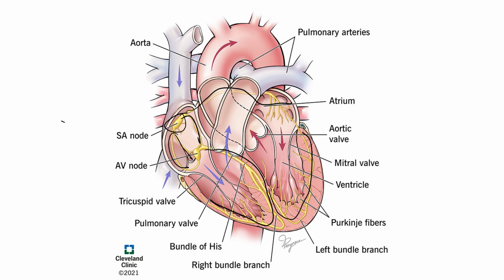Not everybody's going to agree with this, but this is how I interpret it. There are true autorhythmic cells, like SA node fibers and AV node fibers. Then there are contractile cardiac muscle fibers, like the contractile fibers in the left and right atrium and the left and right ventricle. And then there are conduction fibers.